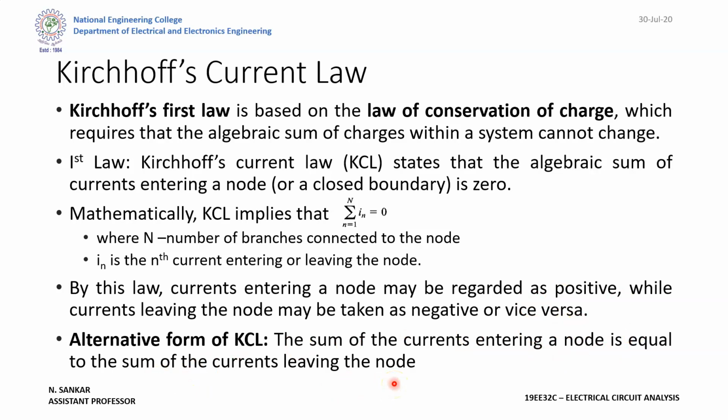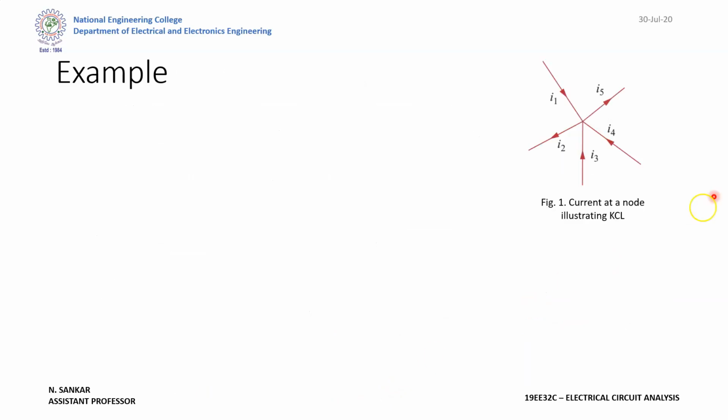So we will see an example to understand it clearly. Just assume this example: here we have 5 currents, I1, I2, I3, I4 and I5. Okay, so here we have only one node, right? So this is the only one node. We have 5 branches with branch currents I1 to I5.